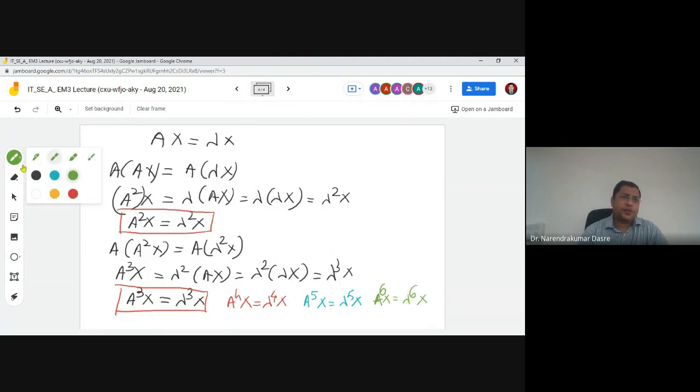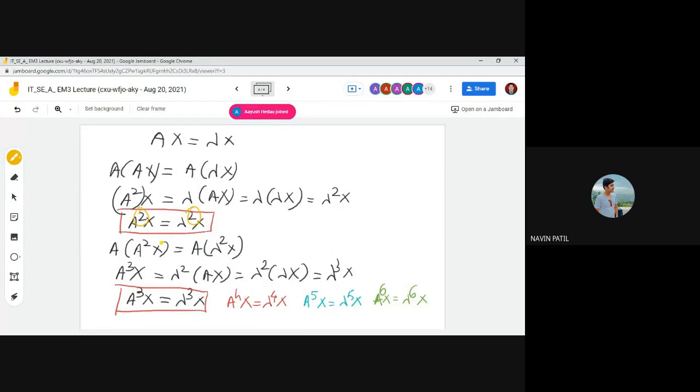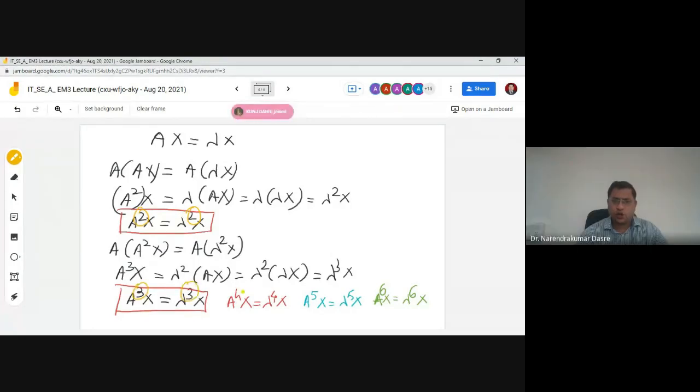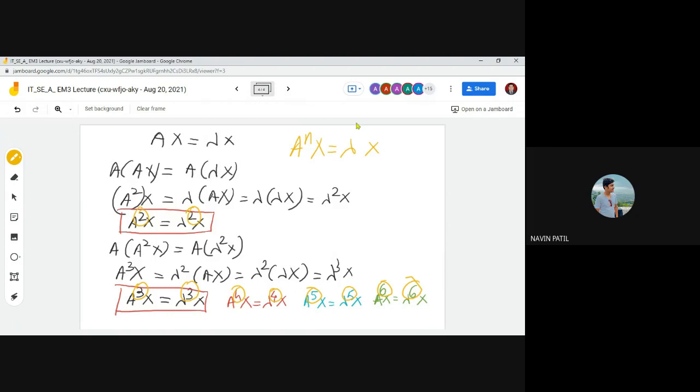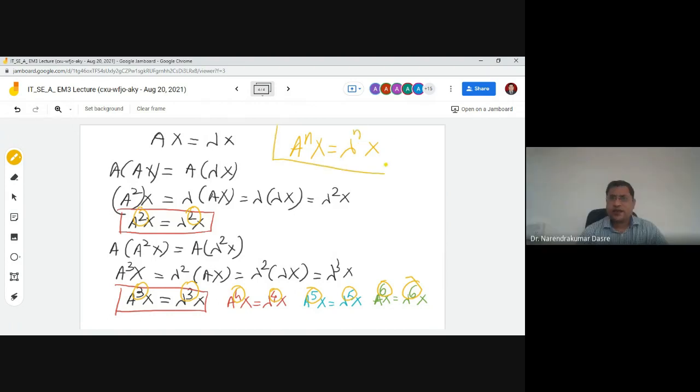Can you identify the pattern? Square here, cube here, fourth power, fifth power, sixth power. So what you can say, A raised to n x is equal to lambda raised to what? Lambda raised to n. Yes, that's correct.